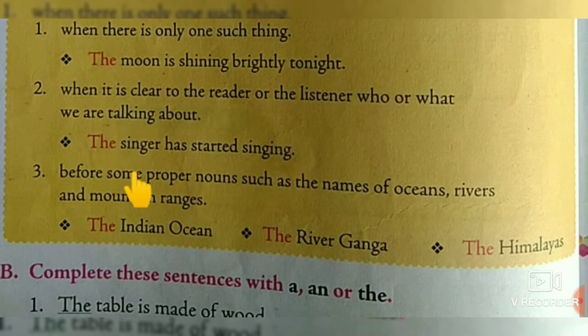We use the article before a particular person also. Before some proper nouns such as the names of oceans, rivers and mountain ranges. See here, the Indian Ocean, the river Ganga, the Himalayas. When we are using a specific or particular word, we can use the article only.